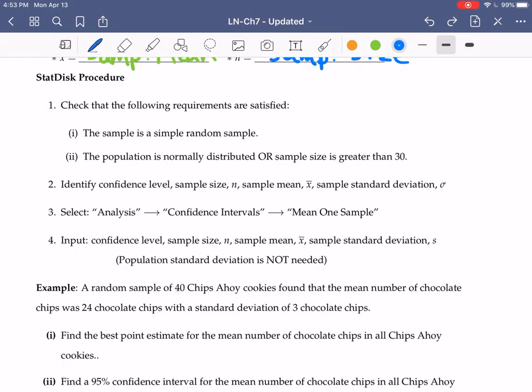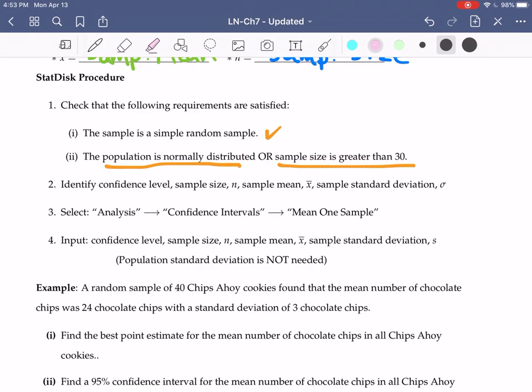Procedurally, we check and observe that the sample is a simple random sample. The population should be normally distributed, or we need to have a sample size greater than 30. Once we have that, the t-distribution will make sense. We will identify 4 things again.